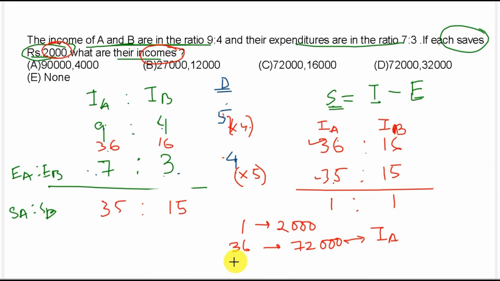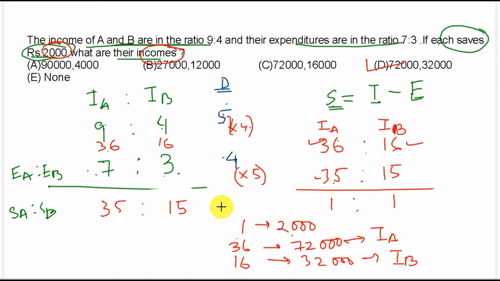And the income of B here is 16. So 1 is equivalent to 2000, so 16 will be equivalent to 32,000, and this is your income of B. So we have to choose the correct answer. What is the correct answer? 72 and 32. So option D is your correct answer.